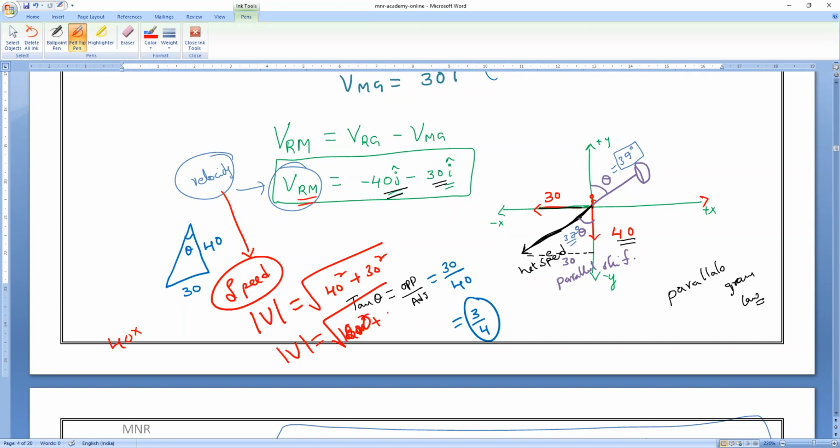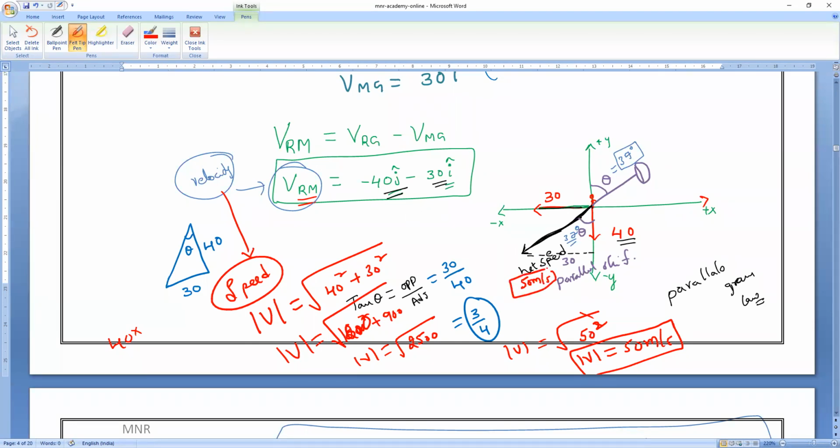Yes, sir. 1600 plus 900, which is equals to how much? 2500. So V is equals to root of 2500, which means 50 square. Correct? So what is the net speed of the rain? 50 meter per second. The net speed of the rain is equals to 50 meter per second.